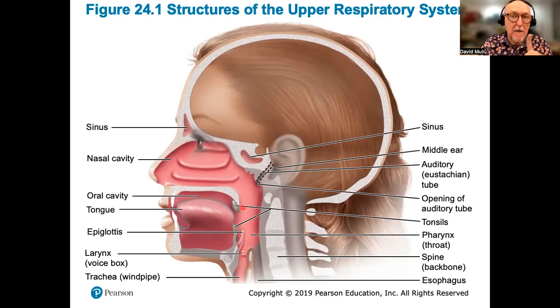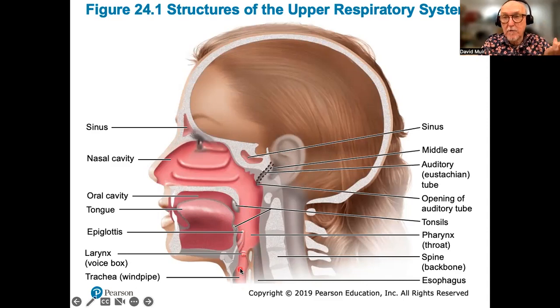The last thing I want to point out is this little structure, it looks fairly obscure, but it's extremely important. This is the epiglottis. Whenever we swallow something through the mouth, the epiglottis slams closed over the trachea. This is the trachea here leading to the lungs, and that is to prevent food making its way into the trachea.